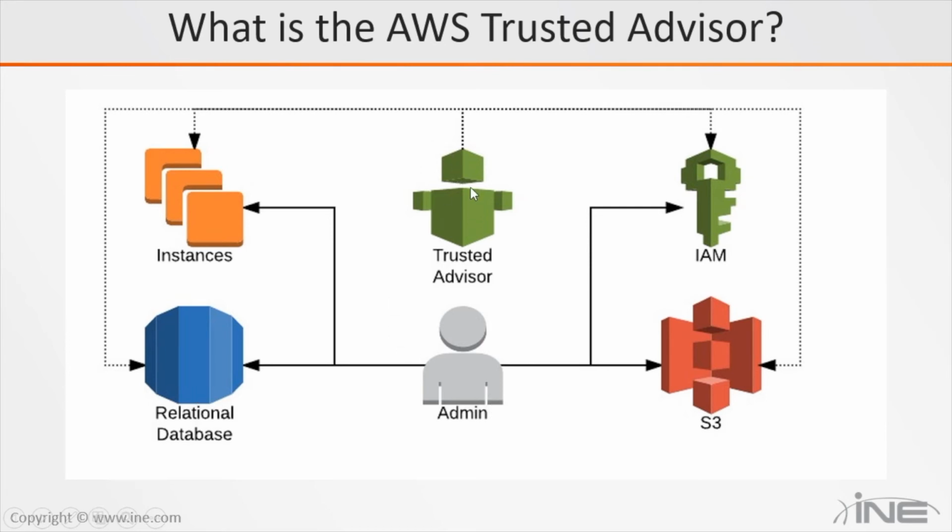AWS Trusted Advisor will check all of these assets against best practice guidelines that AWS has, and will create a report for you. So AWS Trusted Advisor is the tool that you will use at least to see if core services are well configured, are secure, are performant, and this kind of stuff.